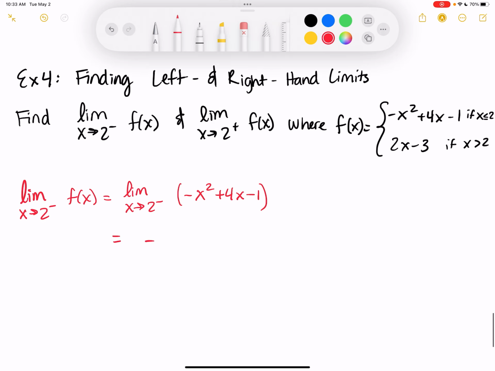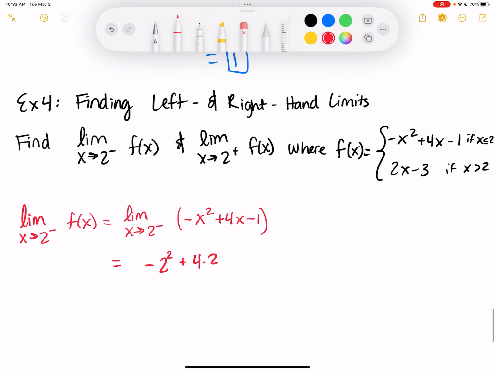So negative 2 squared plus 4 times 2 minus 1. Negative 4 plus 8 minus 1 is 3. So that's the limit from the left.